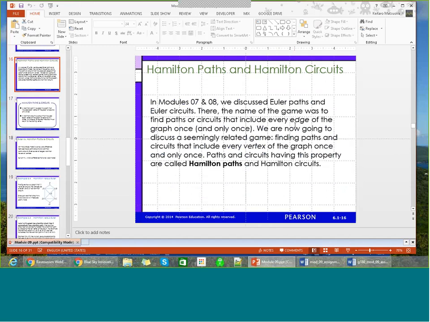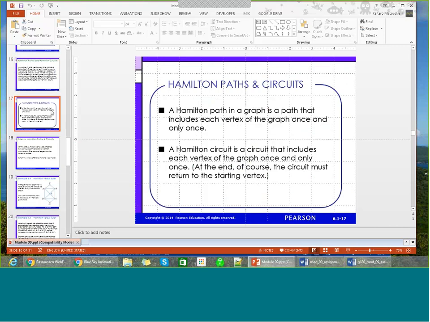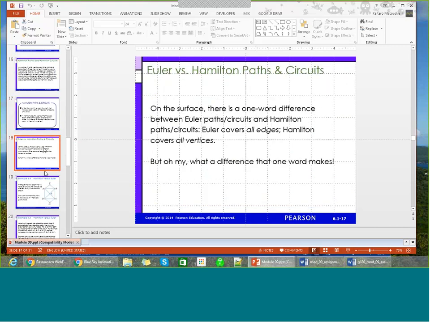With the Hamilton paths and circuits, you touch every vertex once and only once. If the paths or circuits have that property, then they're called the Hamilton paths and the Hamilton circuits. So last time we touched every edge once. Now we're touching the vertex once. Okay. So here's a summary.